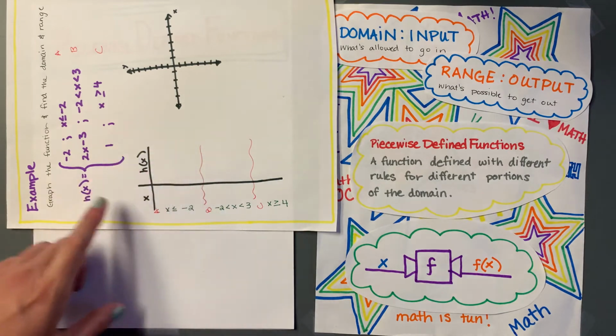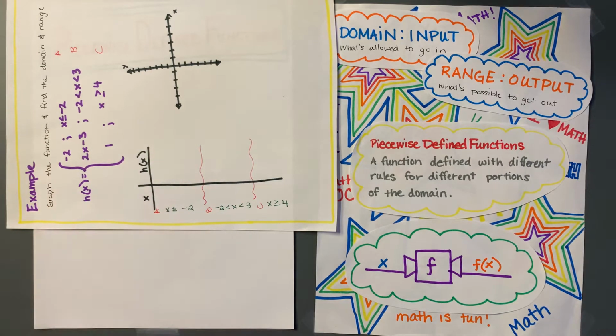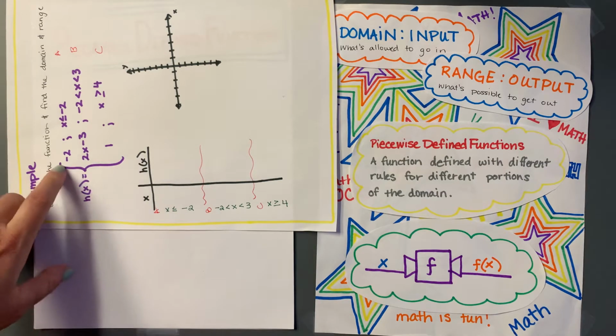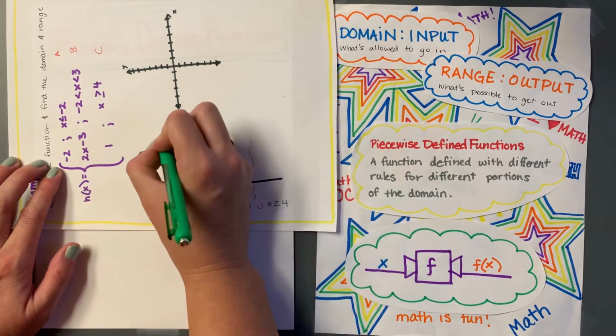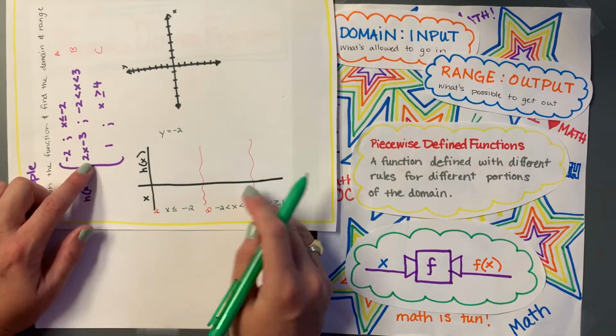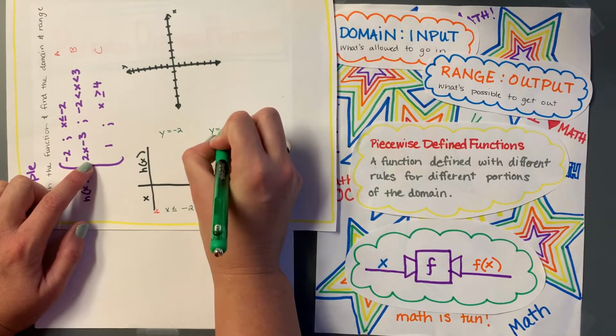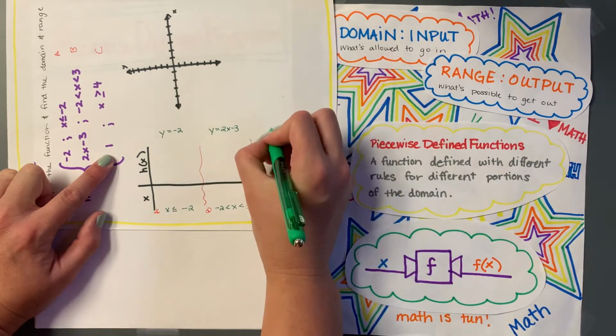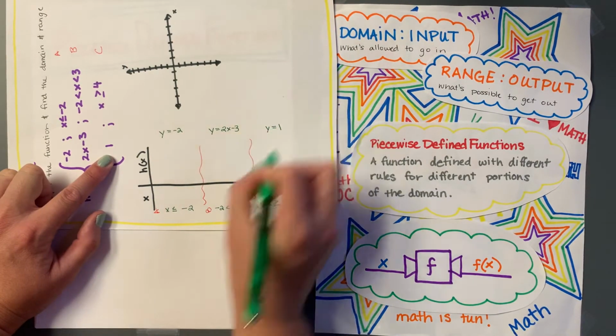Over on the other side, I'm going to write the rule that goes with each of those domains. So the rule that goes with my A domain is y is equal to -2. The rule that goes with my B domain is y is equal to 2x minus 3. And the rule that goes with my C domain is y is equal to 1.